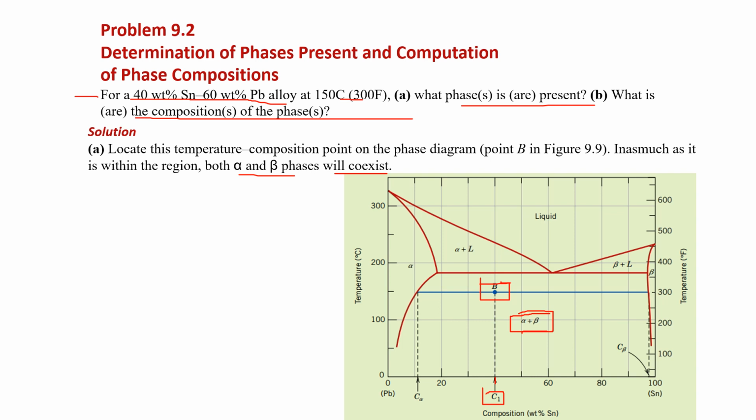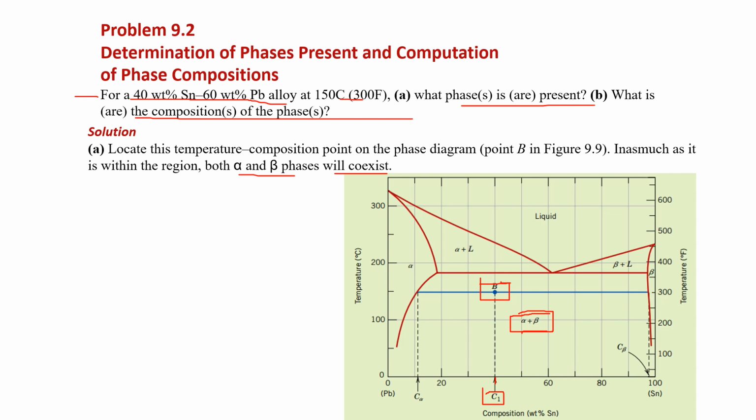Now in part B, what is the composition of the phases? At point B, a mixture of alpha plus beta is present, but how do we find the composition? Draw a tie line.